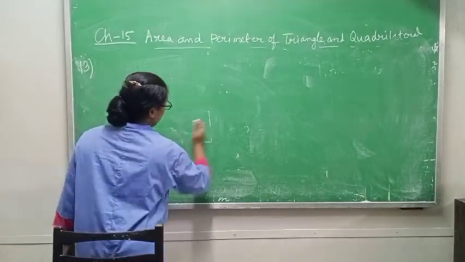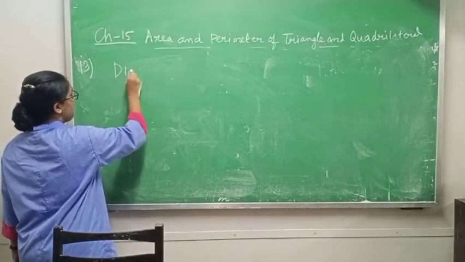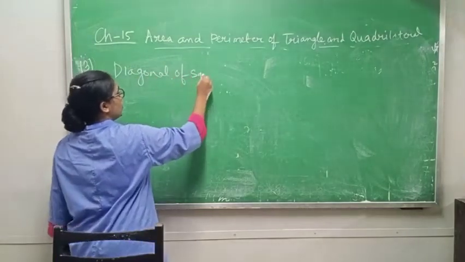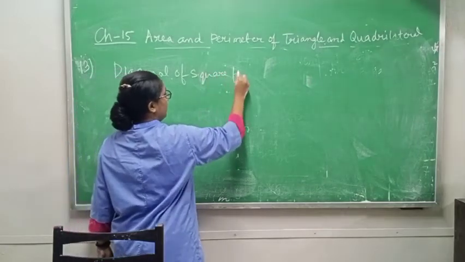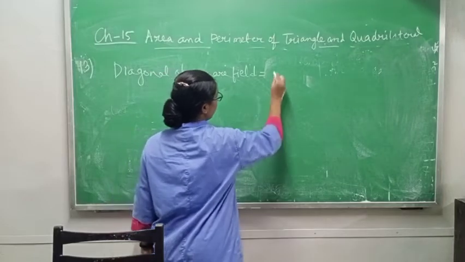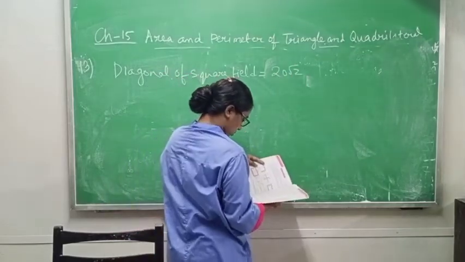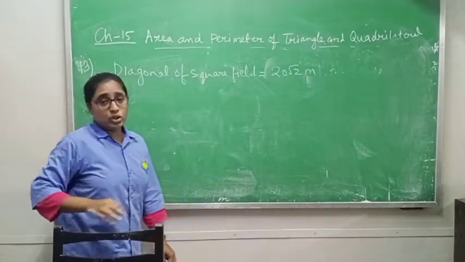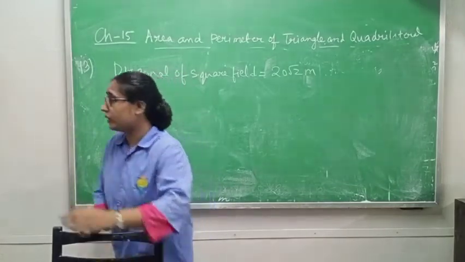And one more thing is given to you, that is diagonal. So diagonal of square field is given how much? 20 root 2 meter. Okay. Now, what is the formula for diagonal of a square field?